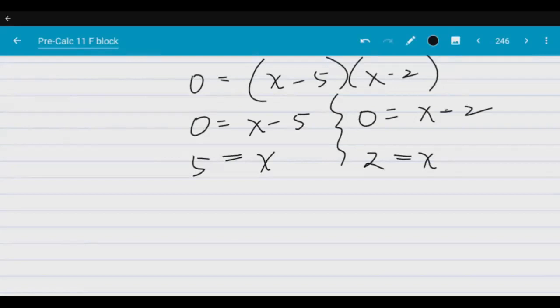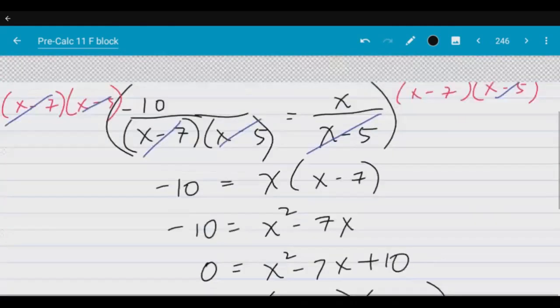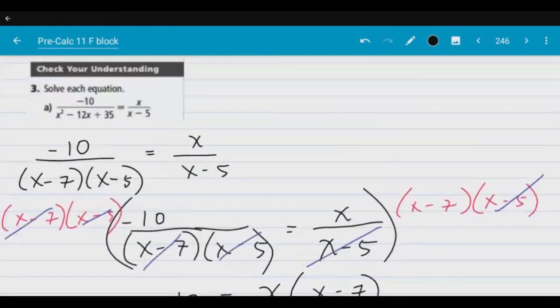So once again, check if it works. Let's take a look. Remember, the values we have are 2 and 5. Let's look at the question again. If x is 2, this is okay.